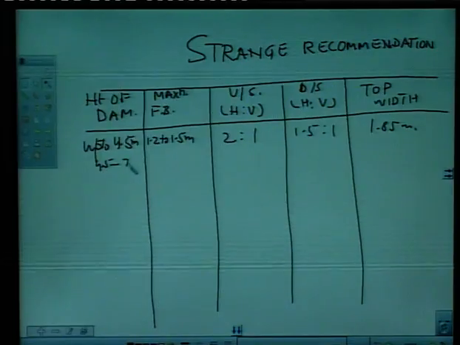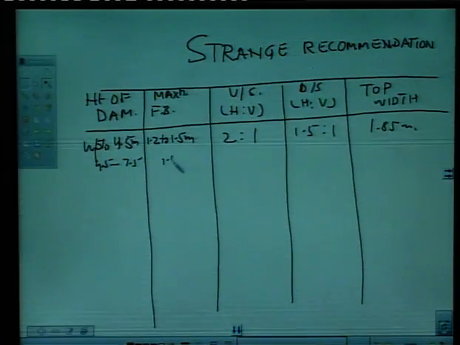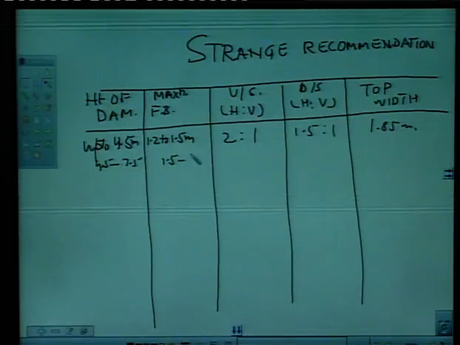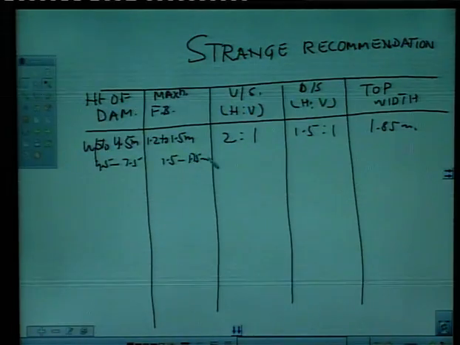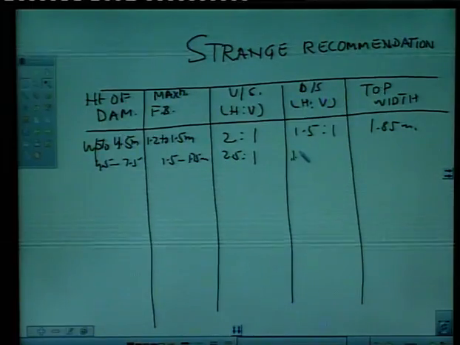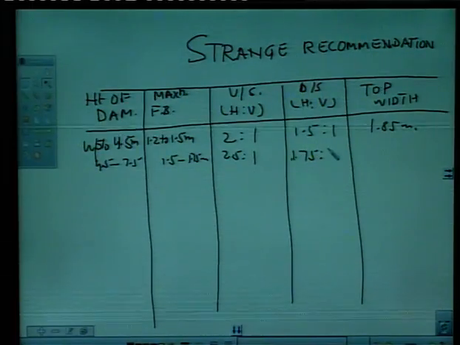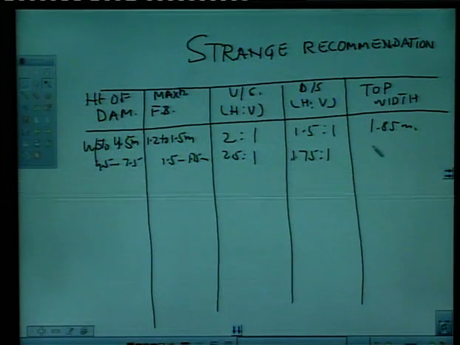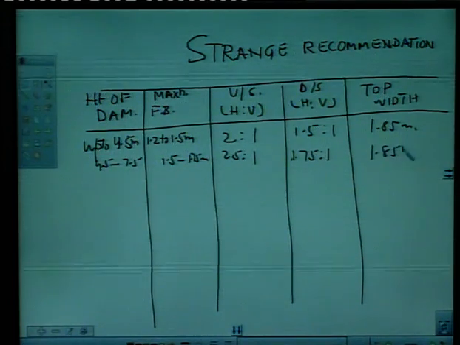For 4.5 to 7.5 meter: freeboard 1.5 to 1.75 meter, slopes 2.5 to 1 and 1.75 to 1, and top width 1.85 meter.